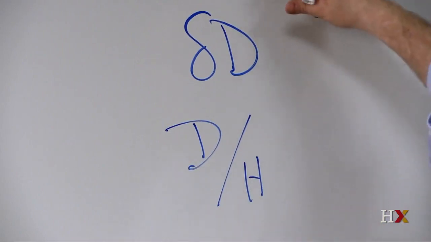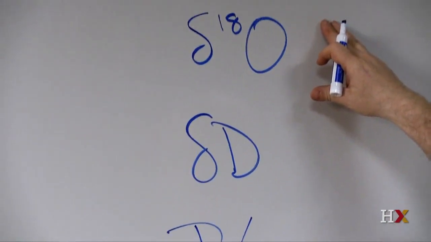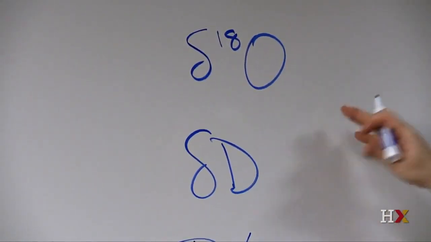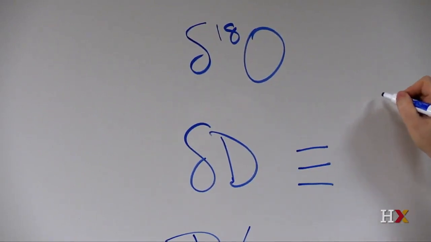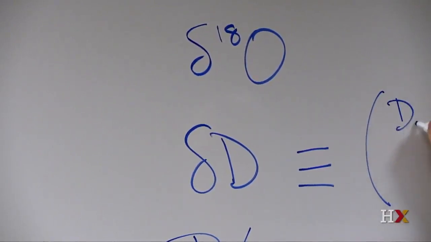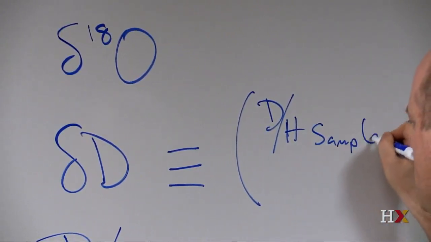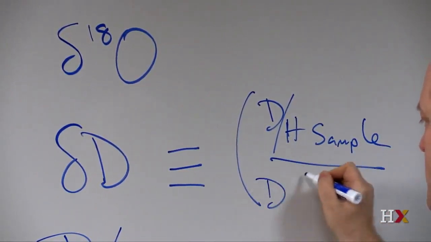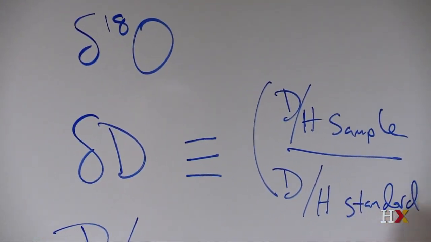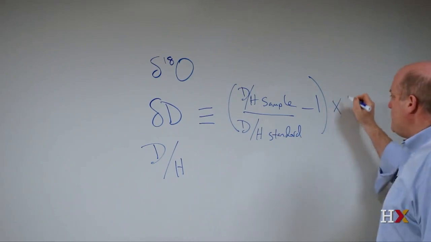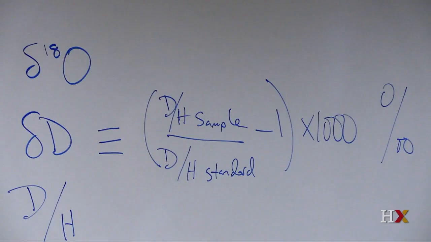And just like the delta O18 is the normalized ratio of oxygen 18 to 16 in a sample relative to a standard, similarly, the delta D is just the D to H ratio in a sample divided by the D to H ratio in a standard, minus 1, and then of course times 1,000 because it's in per mil or parts per thousand.